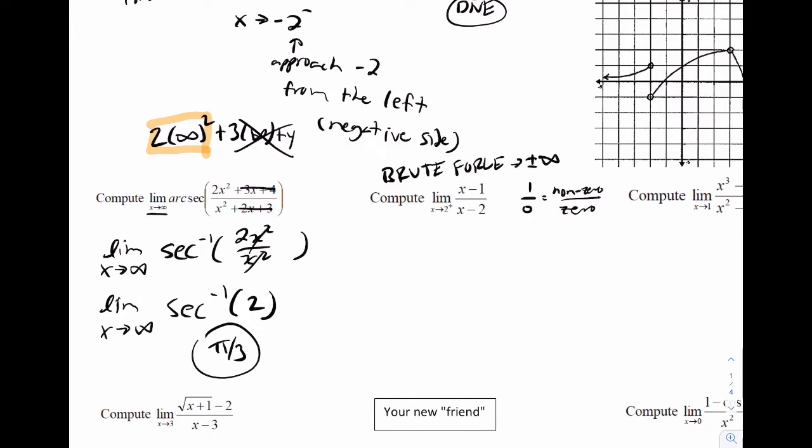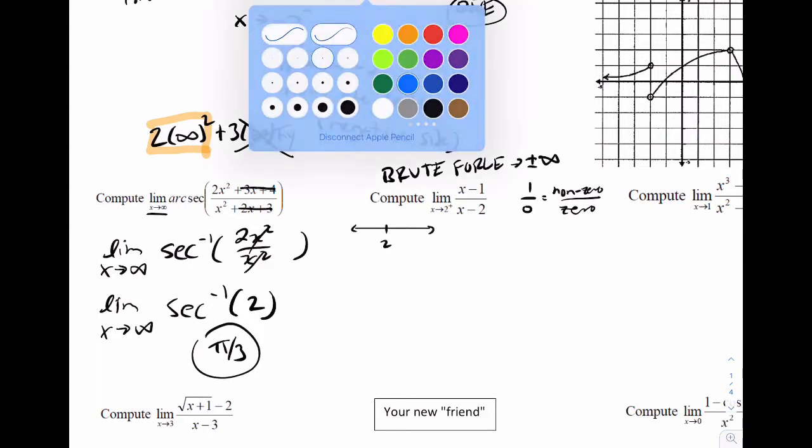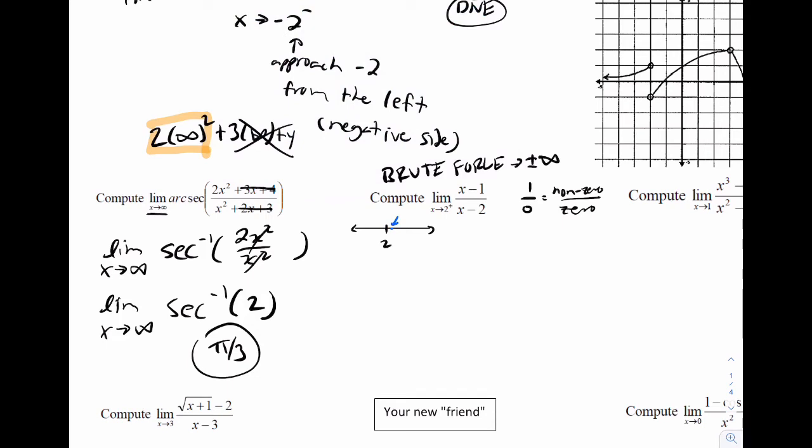So we're going to plug in a number very close to 2 on the right side. So imagine here's our dot. Think of a number very close to 2 on the right, like 2.001. So we're going to plug that in. Limit x approaches 2 from the right, 2.001.